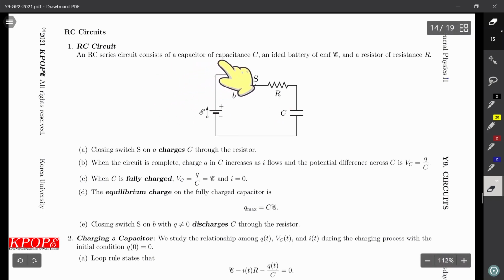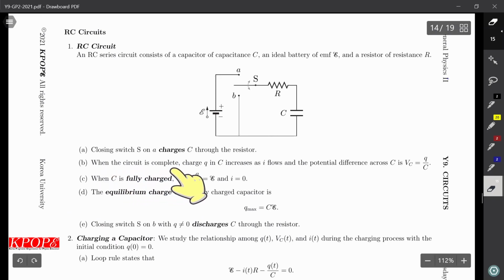It consists of a capacitor of capacitance C, an ideal battery of EMF E, and a resistor of resistance R. Closing switch S on A charges C. When you close the switch, C is being charged and the current flows passing through the resistor.